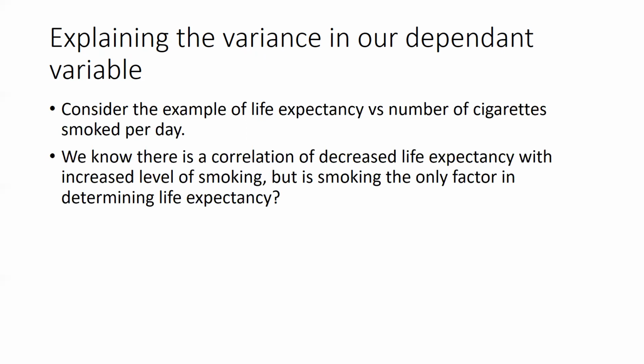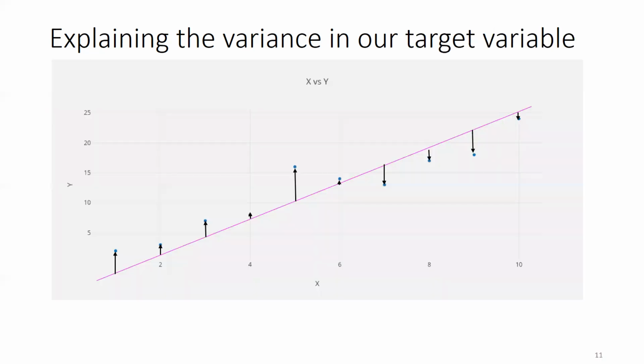But we can actually use linear regression to explain the variance in life expectancy. If 80% of the variance of life expectancy is contained within the amount you smoke, then as clinicians, that's actionable. You could say 80% of the reason why we see lower life expectancy is because of smoking, so you can target that for intervention.